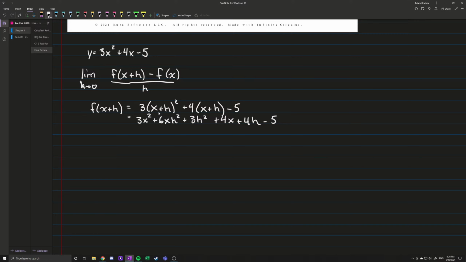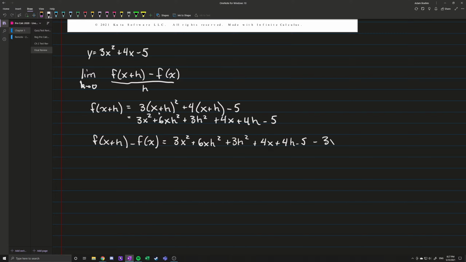f of x is still 3x squared plus 4x minus 5. So when we subtract those two, we have f of x plus h, and then we're subtracting just f of x.